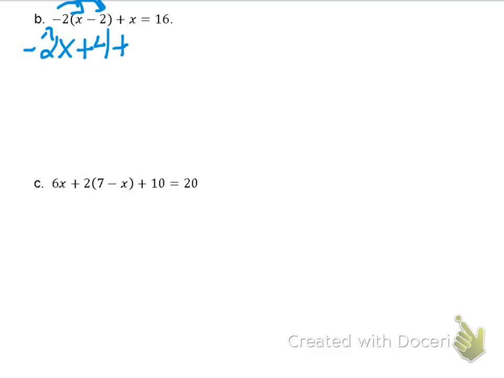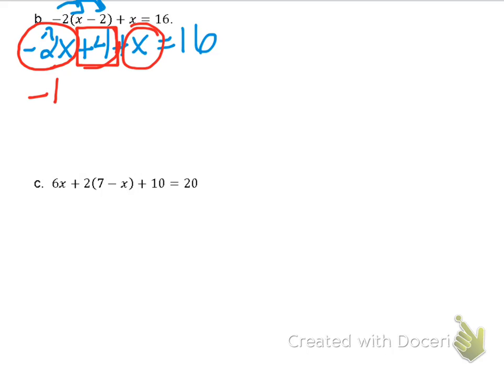And then we still have plus x on the outside equals 16. The next step would be to combine like terms. So we have negative 2x plus 4, which is not the same, and then plus x. So negative 2x and x would be negative 1x. It's negative 2 plus 1 is negative 1. And then we have the plus 4 equals 16.